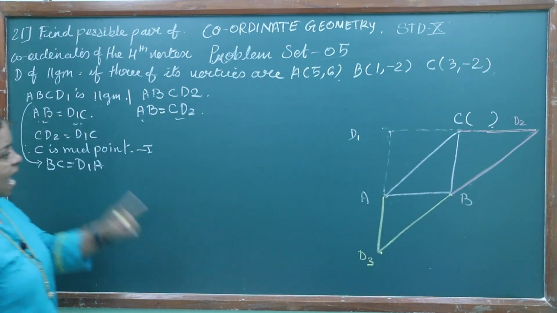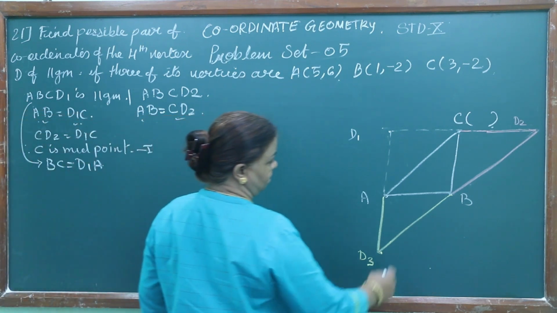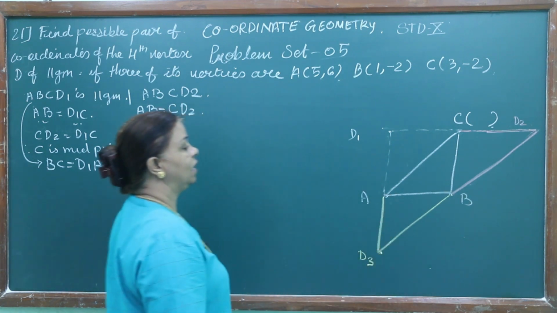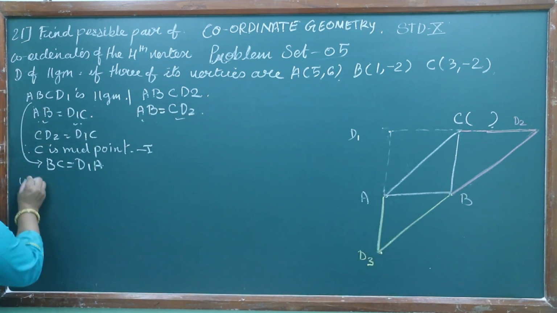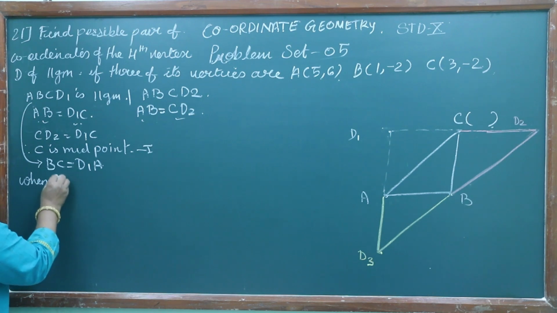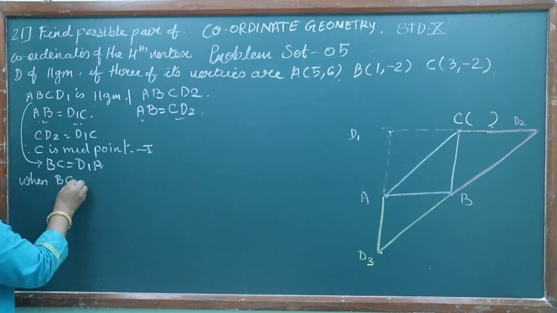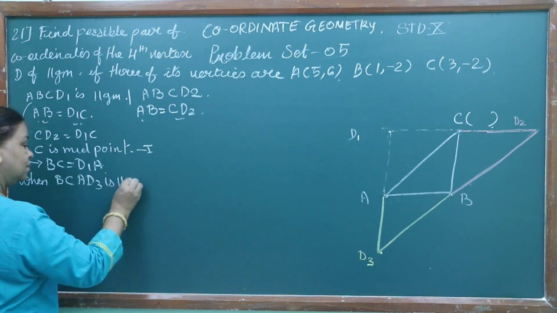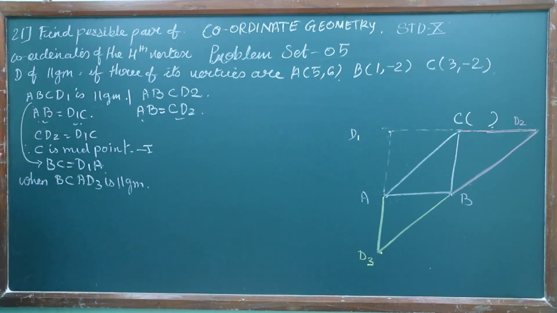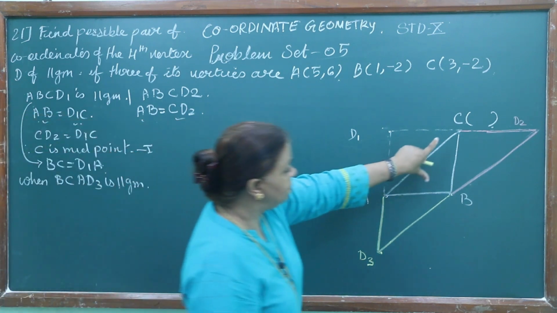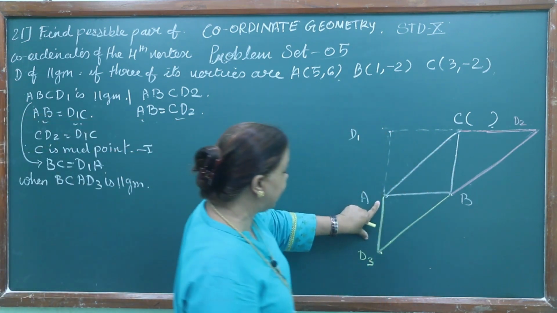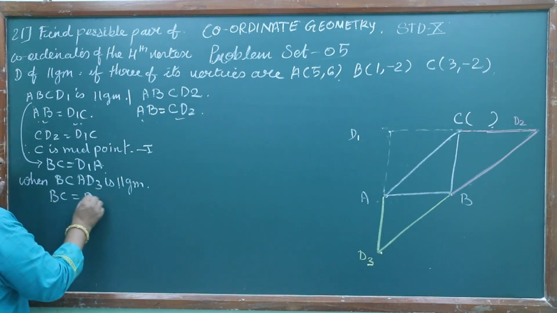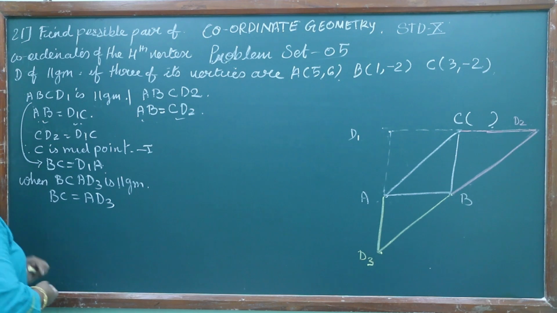Yes, and when BCAD3 is a parallelogram, again BC will be equal to AD3. Got my point, children?